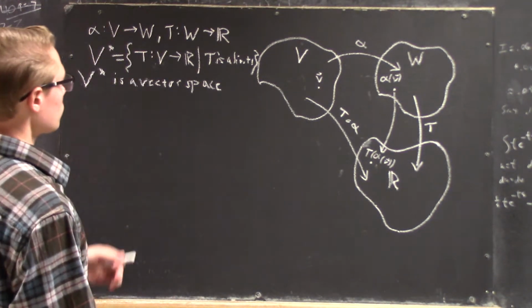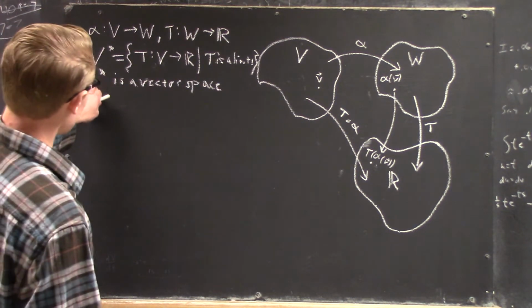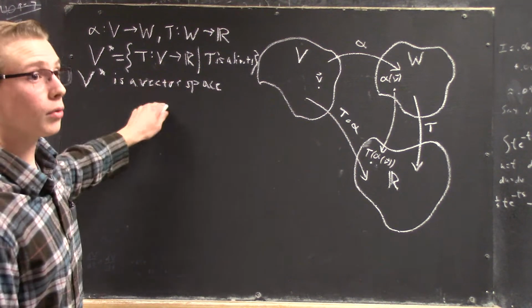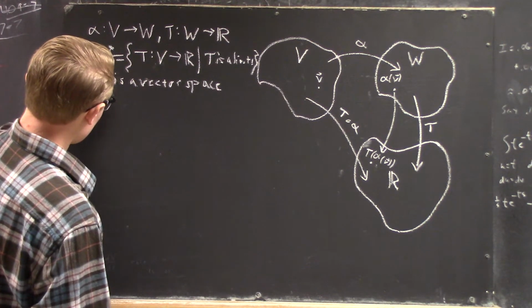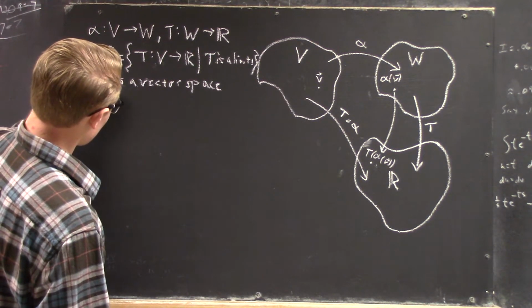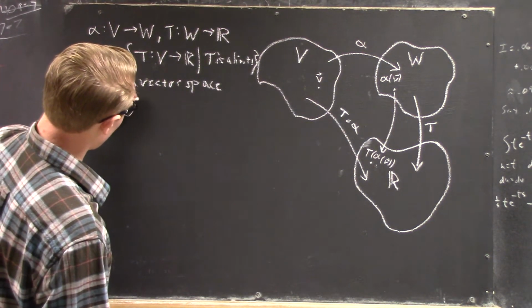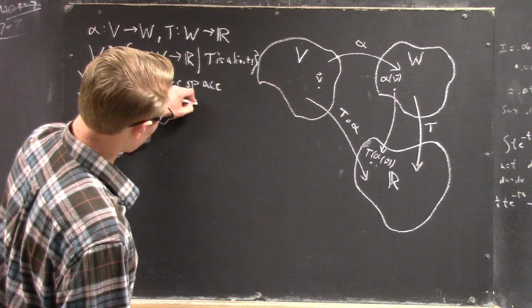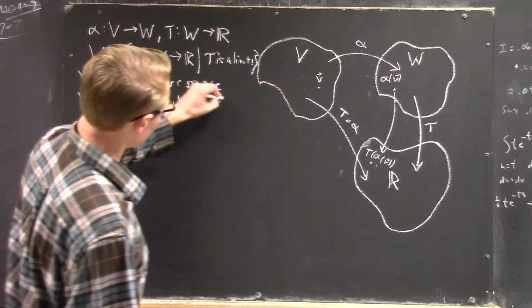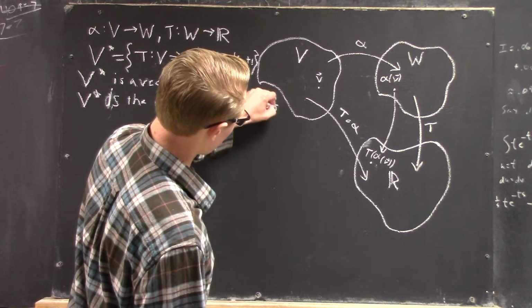But this, of course, has a special name. V star is the dual vector space of V.